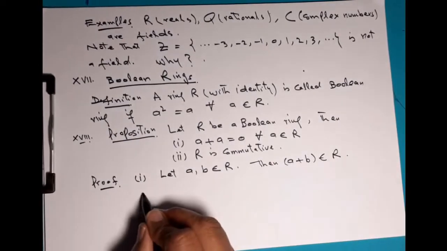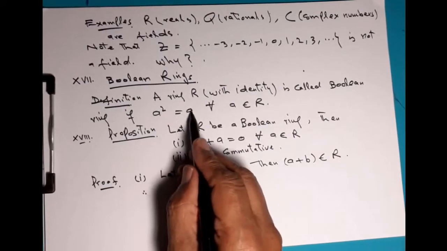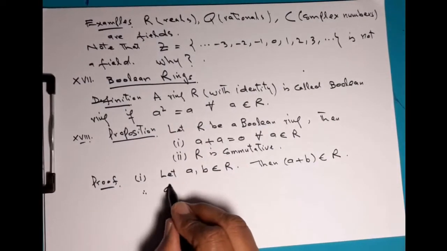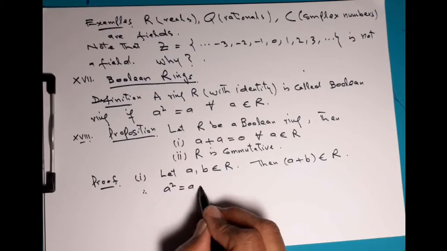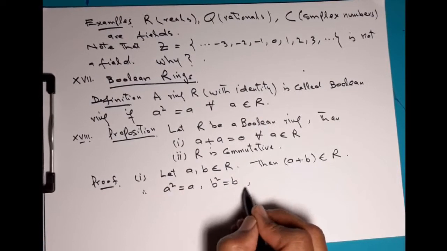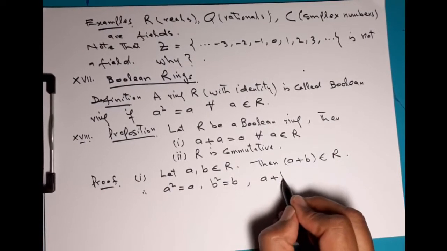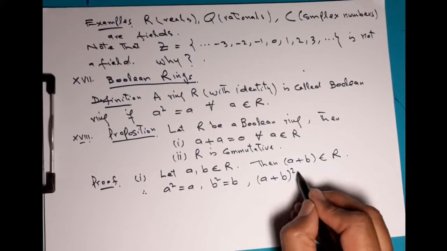The property of a Boolean ring is that the square of each element is the same element. So a square is equal to a, b square is equal to b, and a plus b is also an element of R. Therefore, (a plus b) square is equal to a plus b.